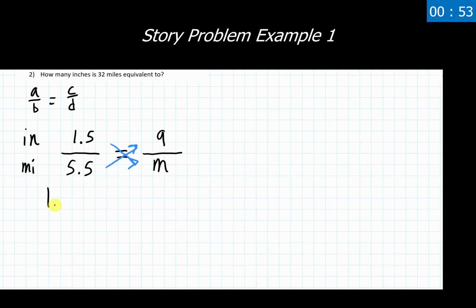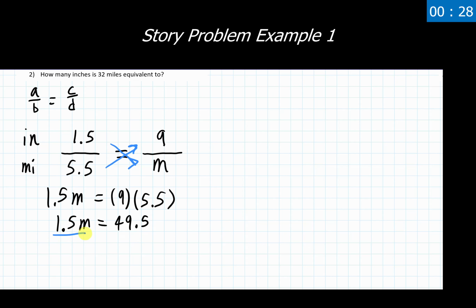So I'm going to have 1.5m is equal to 9 times 5.5. I don't know what that number is off the top of my head, so I'm going to do that calculation off screen really quick. That's going to give me 49.5. Okay, so 1.5m is equal to 49.5.